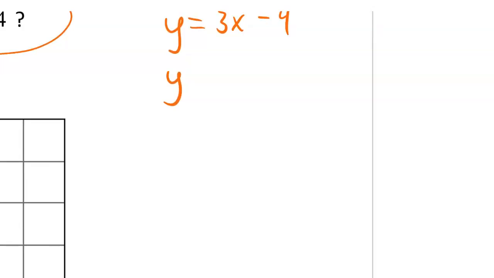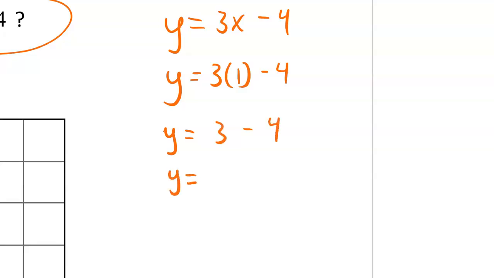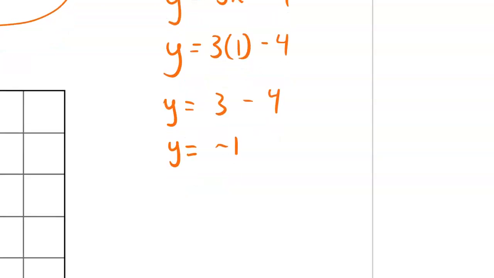Back over to the equation, y equals 3, input your value of 1, subtract 4. y equals 3 subtract 4. y equals, now 3 subtract 4 gives you negative 1. So when I chose a value of 1 for x, my y value ended up as negative 1.